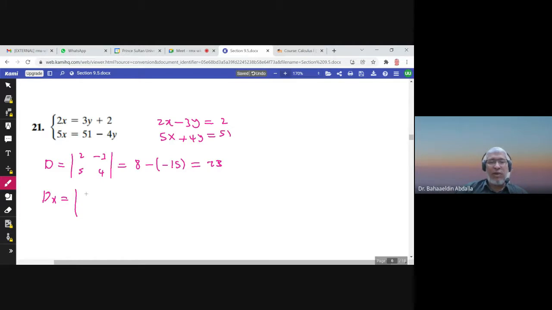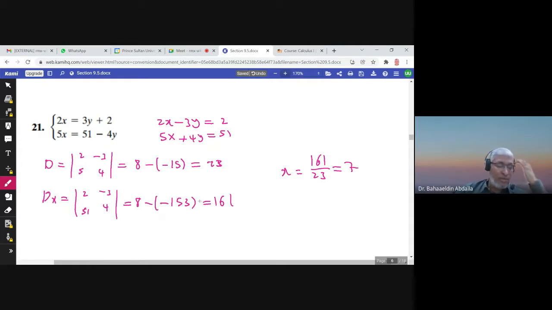Replace the x column by 2 and 51. 8 minus negative 3 times 51 is negative 153. So 8 plus 153 is 161. So x would be 161 over 23, and the answer is 7. So x is 7.